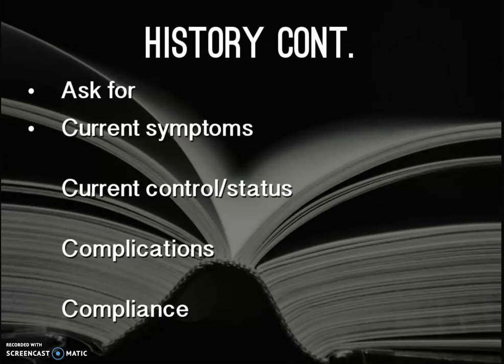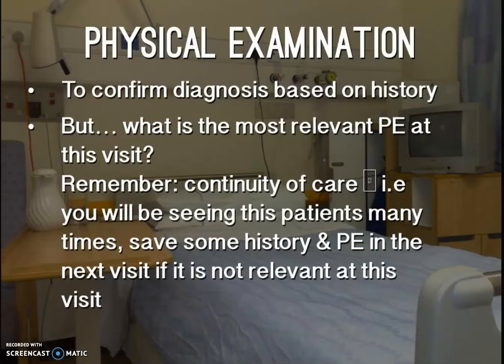Second is the current control or status. Third is the complications. Fourth is the compliance. So there are 4 C's: current symptom, current control, complications, and compliance.